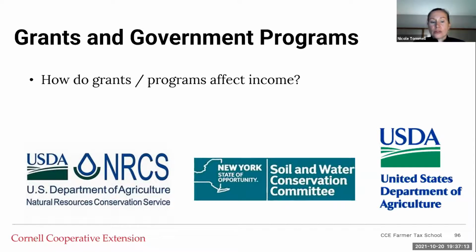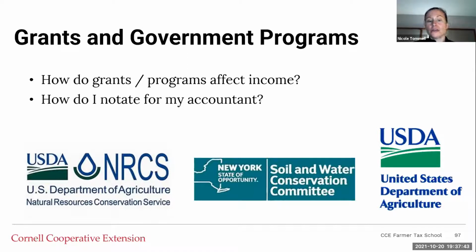If you have anything with NRCS or USDA, you'll receive a letter in the mail that has to go to your accountant signifying the funds that you received. A lot of people are receiving funds currently if they haven't already, for crop reporting. So those dollar amounts are taxable and need to be reported against your annual income.